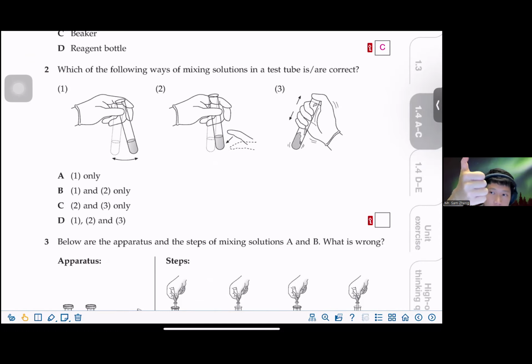But if we use our hand to cover the mouth of the test tube and shake it in this way, it would be totally wrong practice, and we may hurt our hands. If the solution is corrosive, harmful or toxic, it would be a big problem.